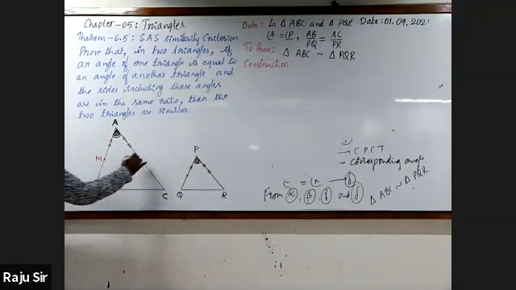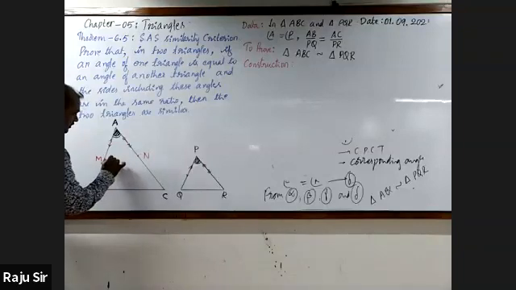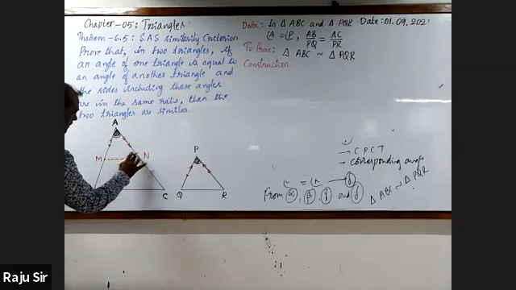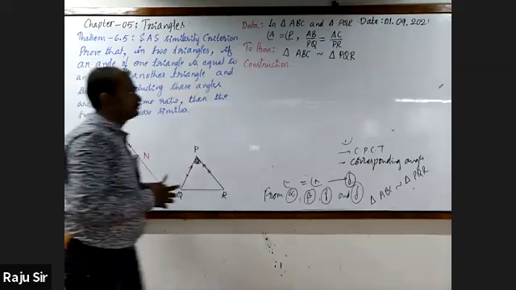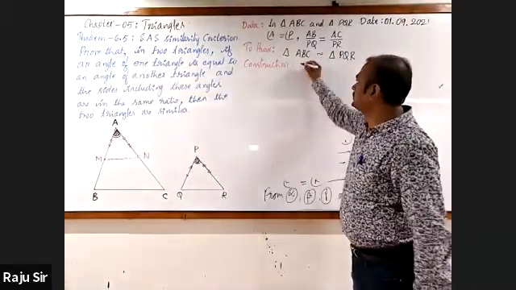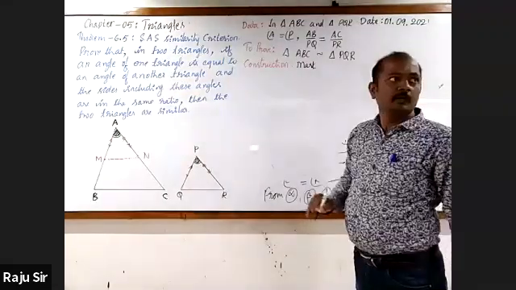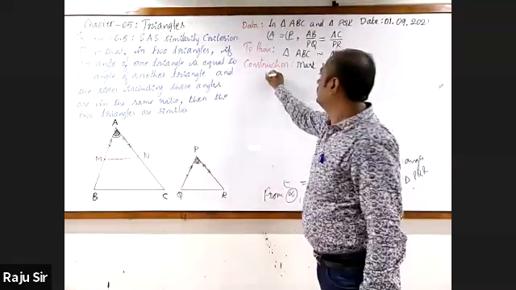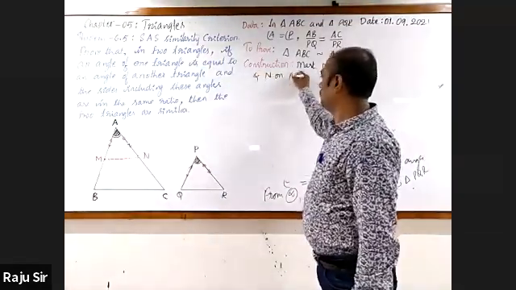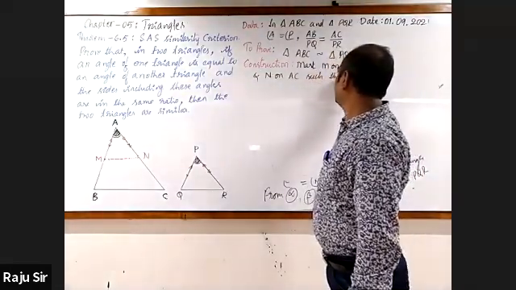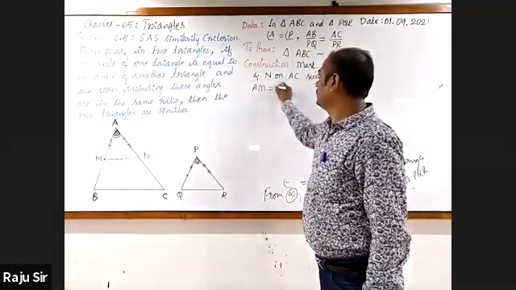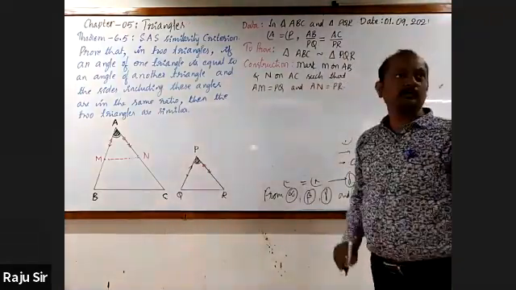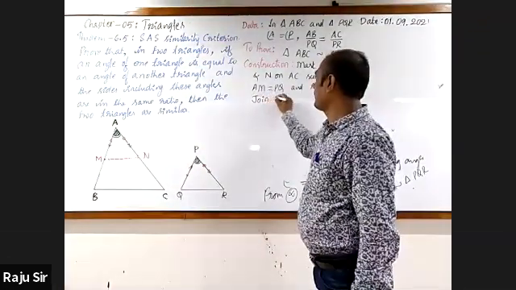This is M, and take this point as N. Mark M on AB, N on AC such that AM equal to PQ and AN equal to PR. Then join M and N.